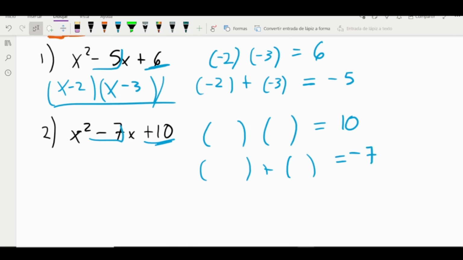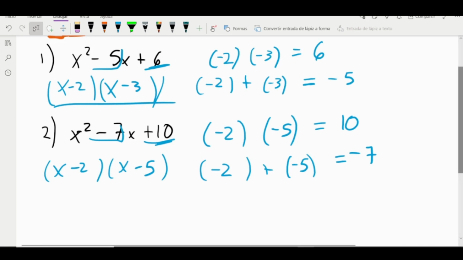The two numbers are minus 2 and minus 5: minus times minus is positive, 2 times 5 is positive 10, and minus 2 and minus 5 gives minus 7. We repeat the same situation, so x minus 2, x minus 5. And that's it, that's the way we can factorize.